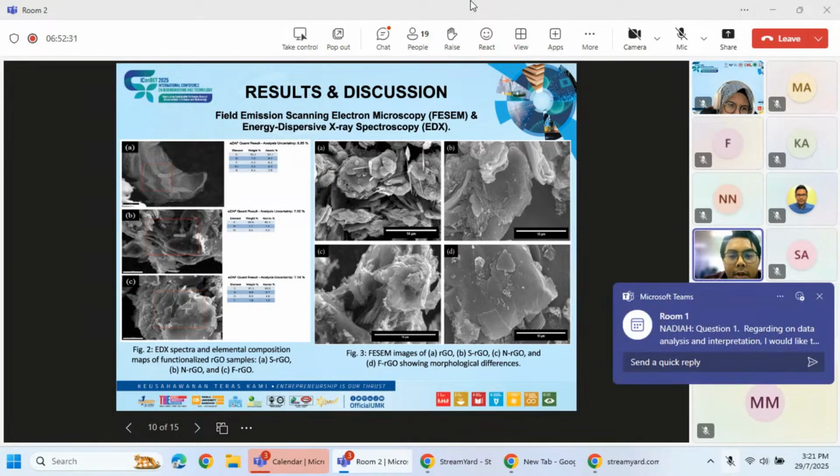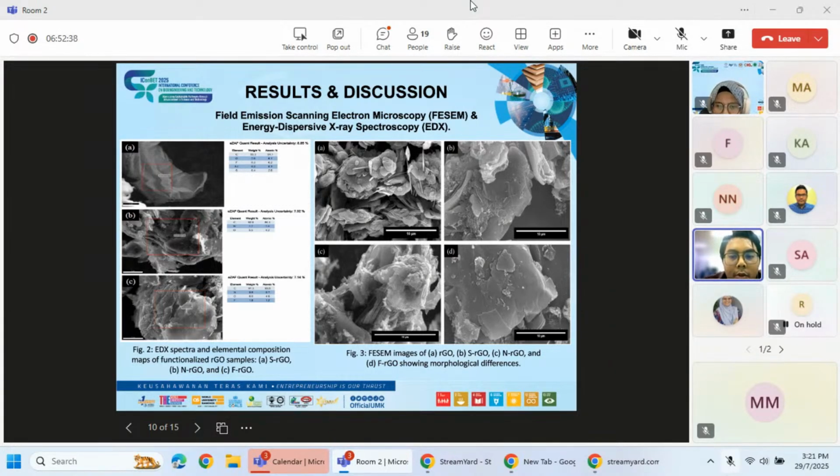EDS confirmed sulfur is present at 6.4% by weight, proving successful doping. Sulfur at defect sites enhances the lithium ion transport and redox reaction. The nitrogen doped RGO, also known as NRGO, appears crumpled and fragmented, which increases the edge sites and defect concentration, favorable for electrochemical performance.